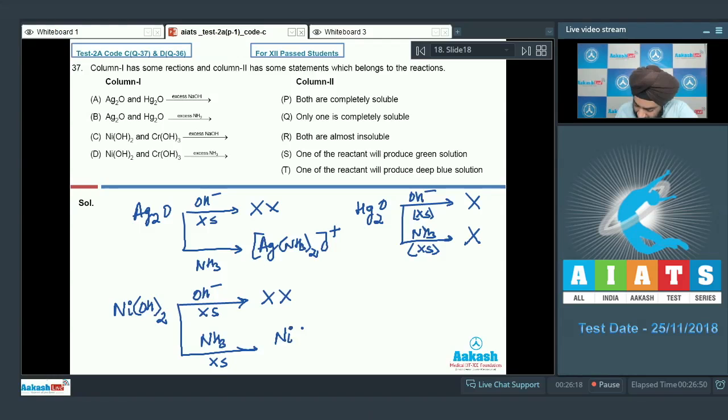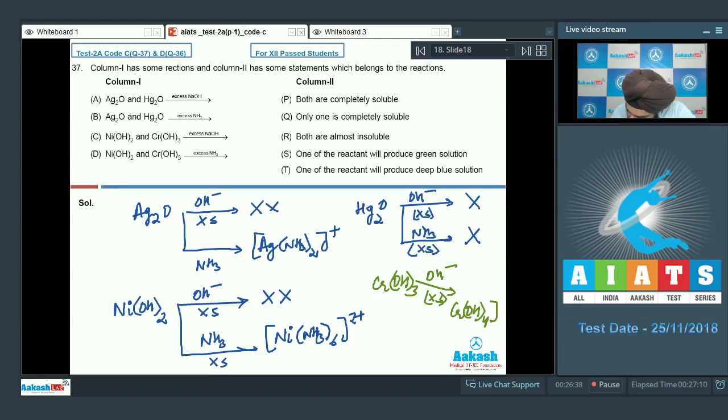So we have Ni(NH3)6 2 positive. If we look at the last species present, which is Cr(OH)3, it dissolves in excess OH minus to form Cr(OH)4 negative. It forms a 4 coordinated complex, whereas it does not react with excess ammonia.